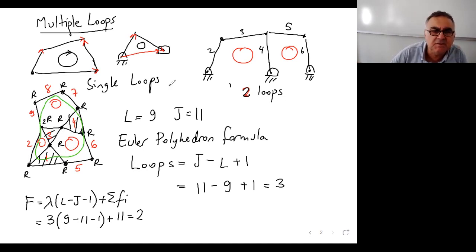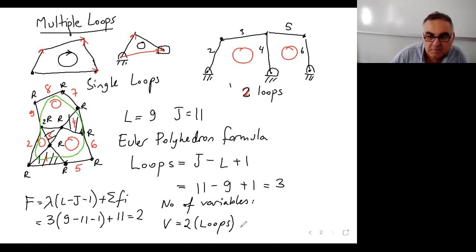And also there is another thing which I will give you without proof. The number of variables V is equal to 2 times the loops plus the degree of freedom.